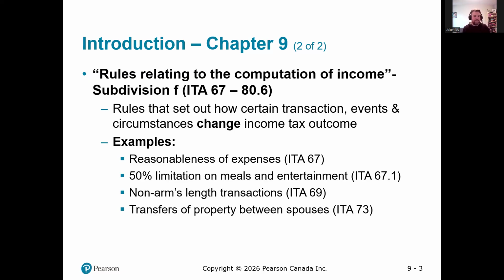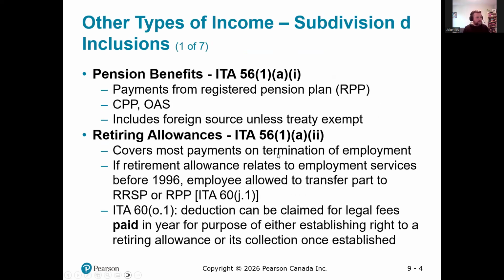So they're not legitimate business transactions, they're more tax arrangements with family members. The family as a whole is benefiting from the tax deduction, even though I might not be the one getting the money. Perhaps the money is now going to a spouse or to my child. So we will be discussing rules around non-arm's length transactions and transfers between spouses.